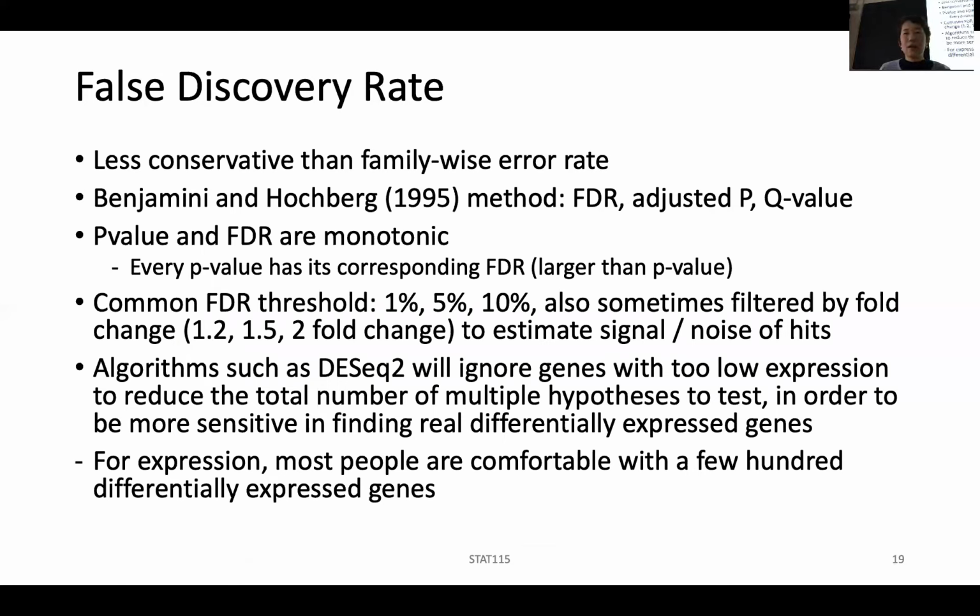Say you have 6 or 10 samples, and you only see a single count in one of the samples, and the remaining samples are all 0. It's hopeless. This will never really reach significance. And so DE-seq will use simple heuristics to remove those genes that have too low expression level in too few samples, to reduce the total number of genes to test. This way, the noise will be reduced and the signal will be higher.